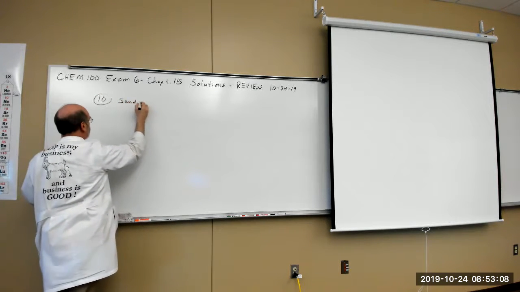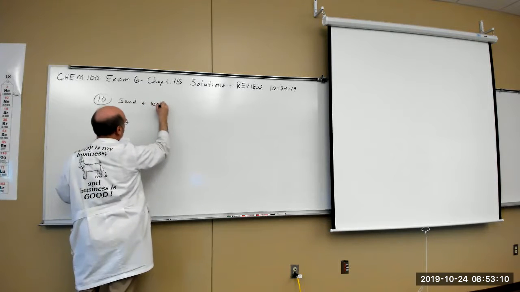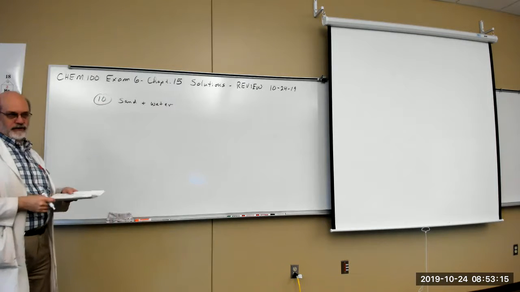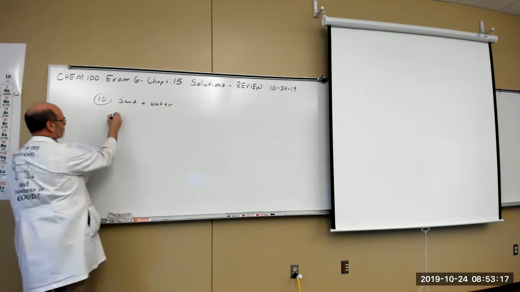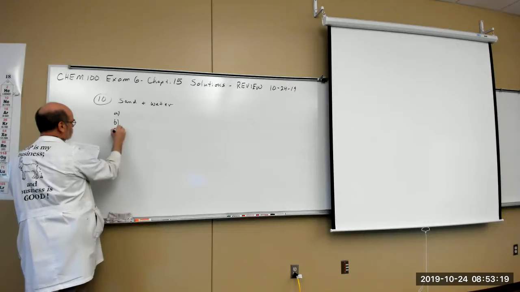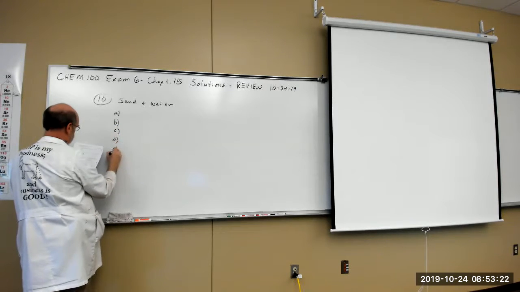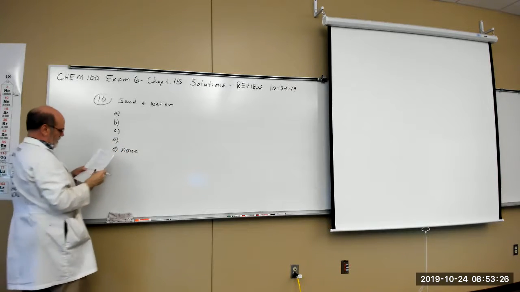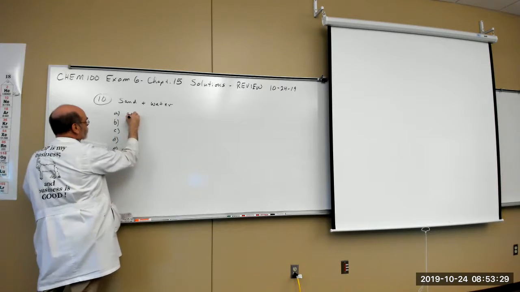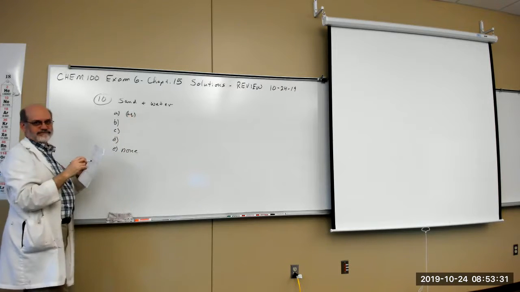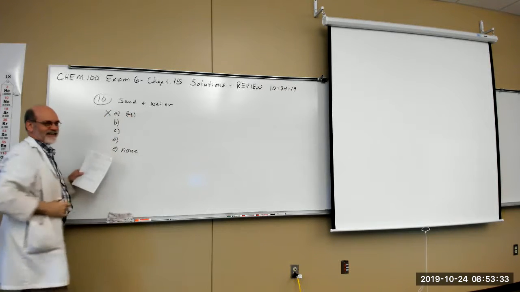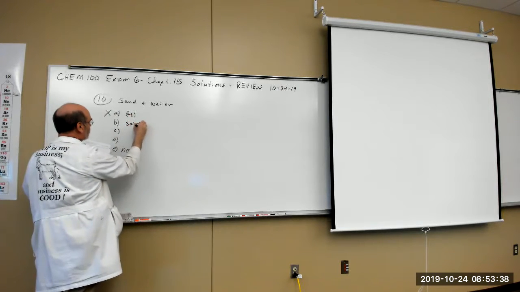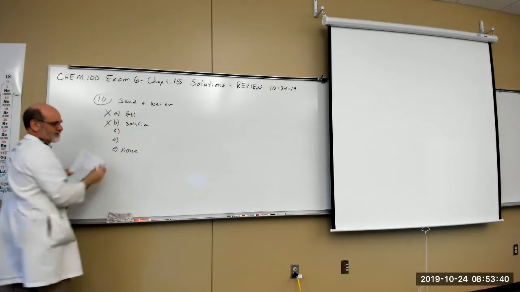But sand and water, you know what's going to happen, right? But we need to apply a label to it. E is none of these. Is it an aqueous solution? Hardly. Is it a solution at all? No, not a solution.